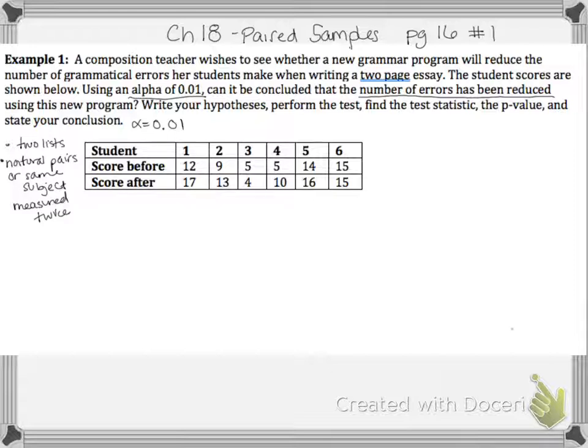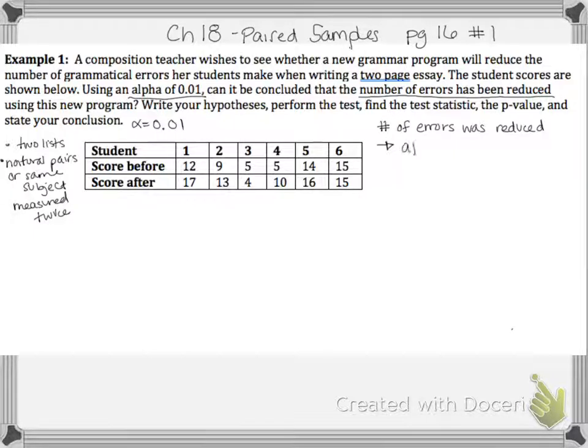Okay, so first of all, we're trying to test if the number of errors was reduced. That's what we want to test, right? So what does that mean in the context of a score? If I have fewer errors in my assignment, then I actually have a higher score.